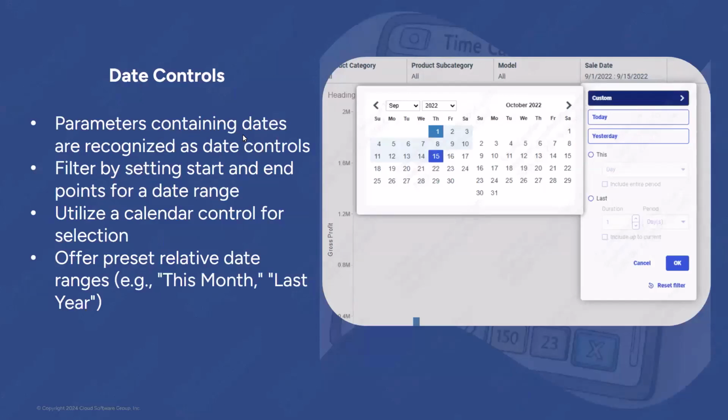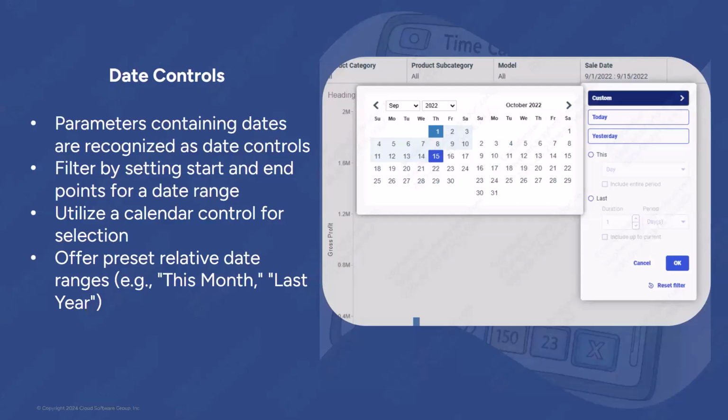Date controls. We're going to get into date time in a minute, but date controls. So WebFOCUS recognizes date fields, right? If you've got one defined, it will automatically provide an intuitive date control that allows users to filter by setting start and end points for a date range, as you see in the picture.